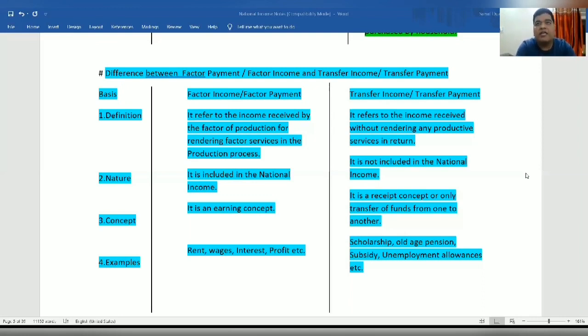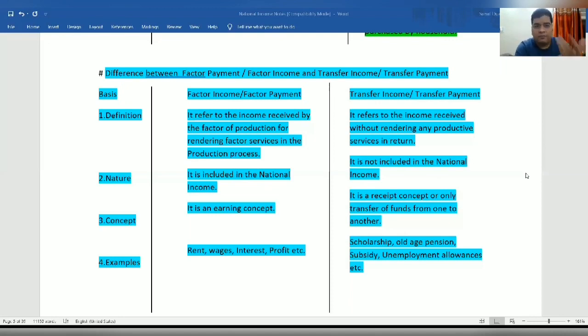And we have also studied in national income, when we did the income method, that we add all the factor incomes, which include wages, salary, rent, interest, profit, royalty. These are all factor income. It is not free. We are providing services to the production unit and in return we are getting the payment. That's why it is called the factor income or the factor payment.